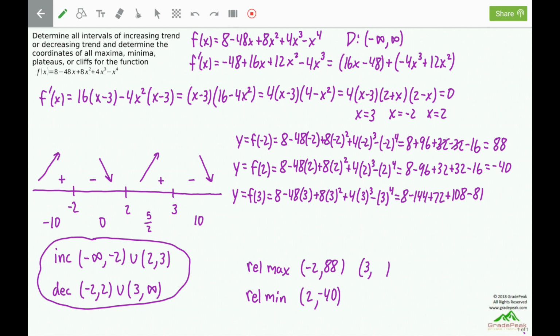Plus a 72 is a negative 64. Plus 108 is a 44. And then minus 81 is a negative 37. So we have a relative maximum also occurring at 3 comma negative 37.